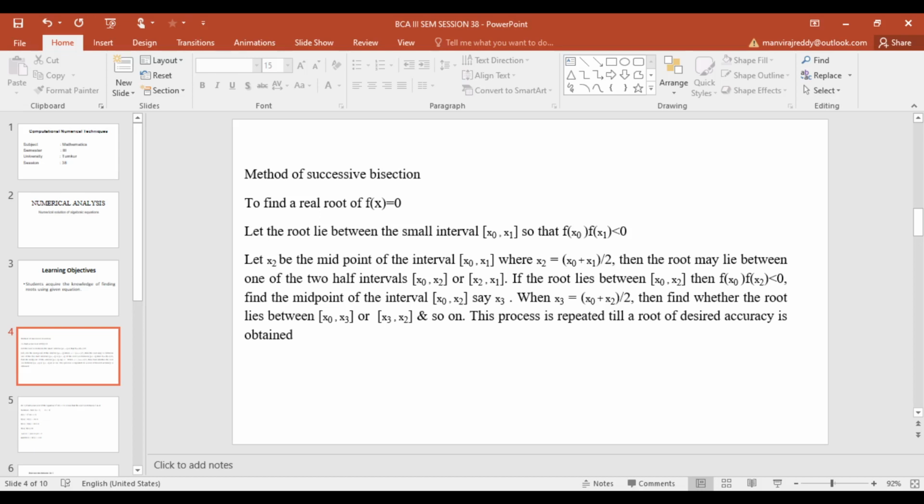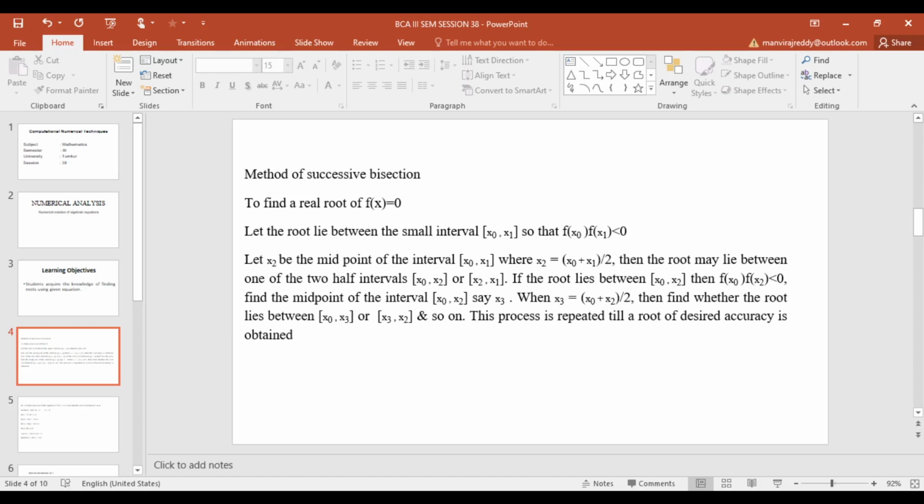So in this method, if you want to find a real root of f(x) = 0, first we assume the root lies in an interval x0 to x1 such that f(x0) times f(x1) is less than 0.